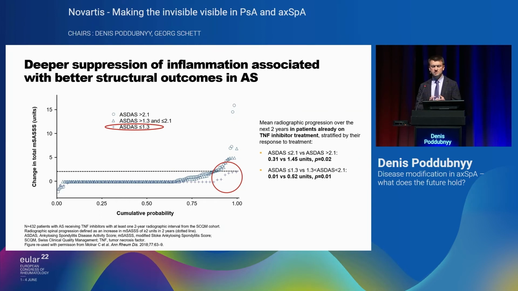Then there was very nice work from Swiss cohort that showed that if you achieve, as a patient with axial spondyloarthritis, remission, so low level of ASDAS below 1.3, there will be no new bone formation, no structural damage progression in the coming 2 years.